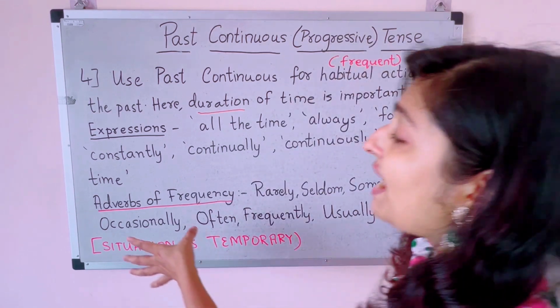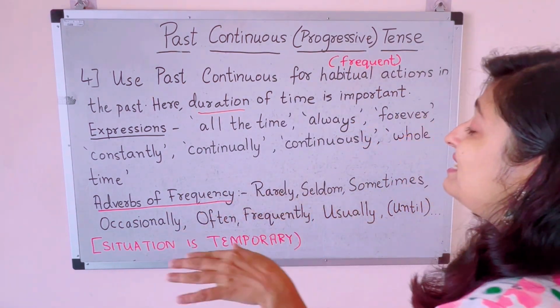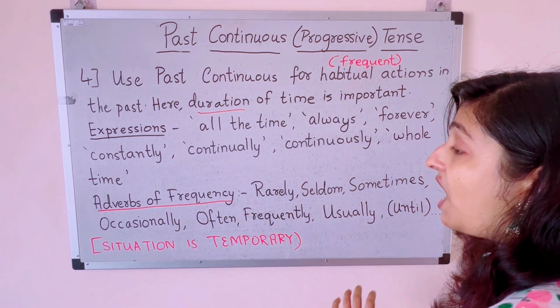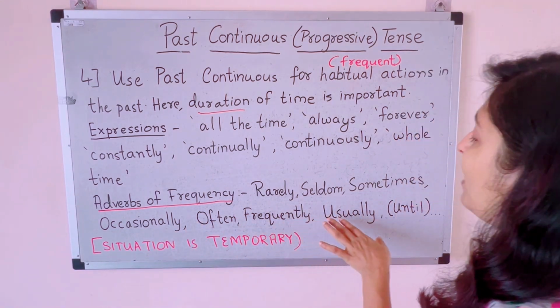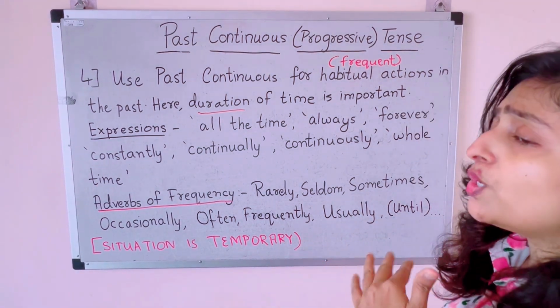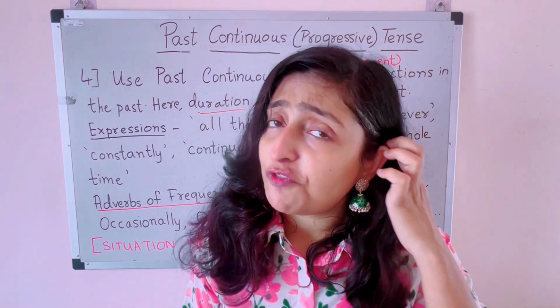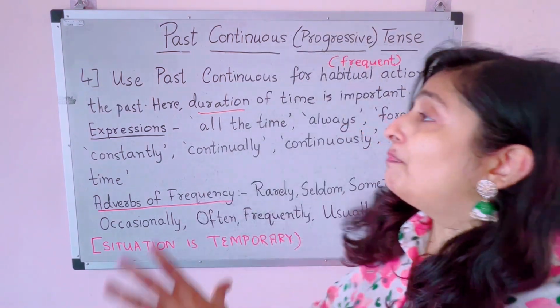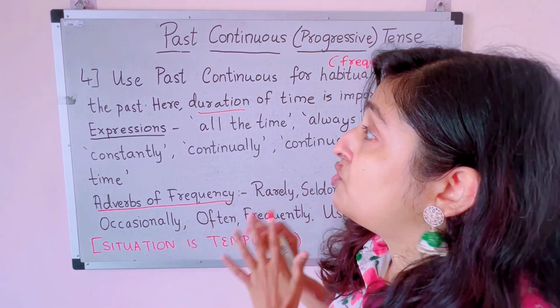Now let's look at adverbs of frequency. Rarely, seldom, sometimes, occasionally, often, frequently, usually, until. Until is also a subordinating conjunction of adverb clause of time. So please learn or memorize these words and expressions.